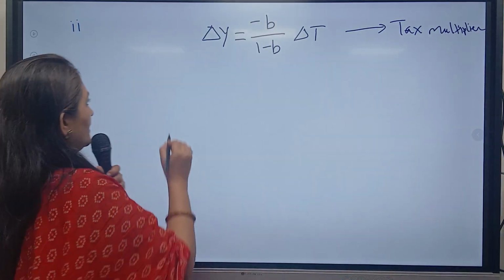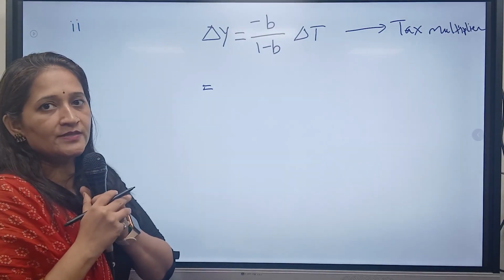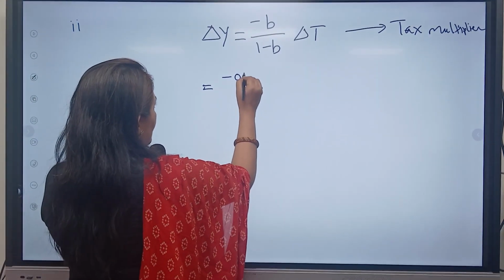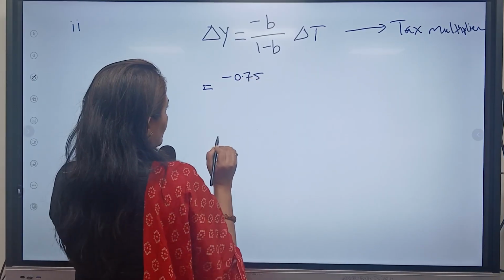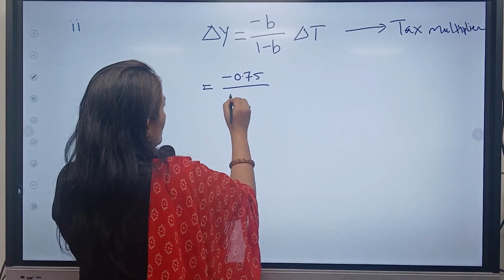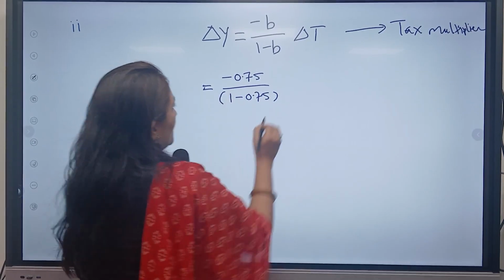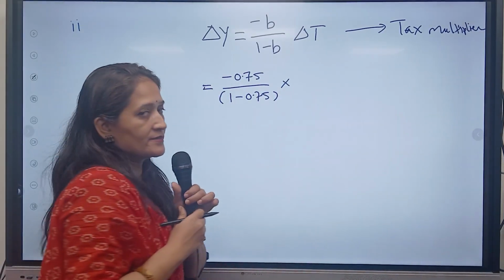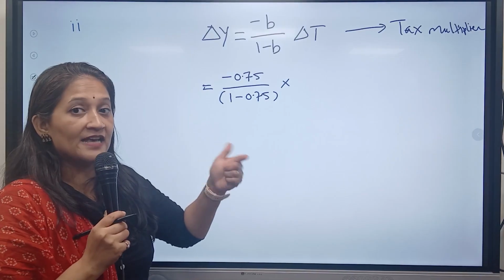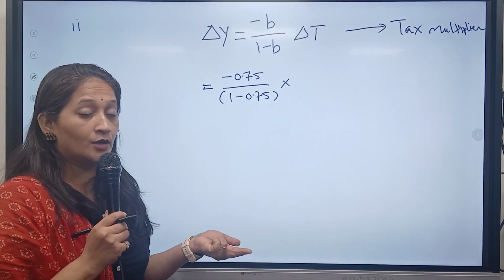We know the value of B. Value of B is 0.75. So we'll just keep the sign as it is. We'll just put the values here in the formula. Minus 0.75 upon 1 minus 0.75, into change in tax. As we have seen in the case study, the tax has been reduced by 30 crore rupees.